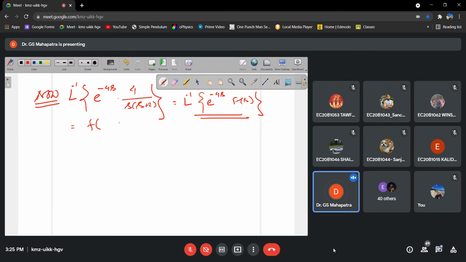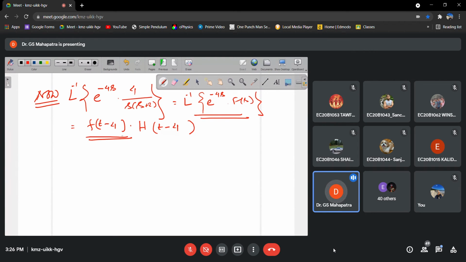F of something into h of something. You can refer to your second shift theorem: if you have t minus 4, then f of t minus 4 into h of t minus 4. This is correct.